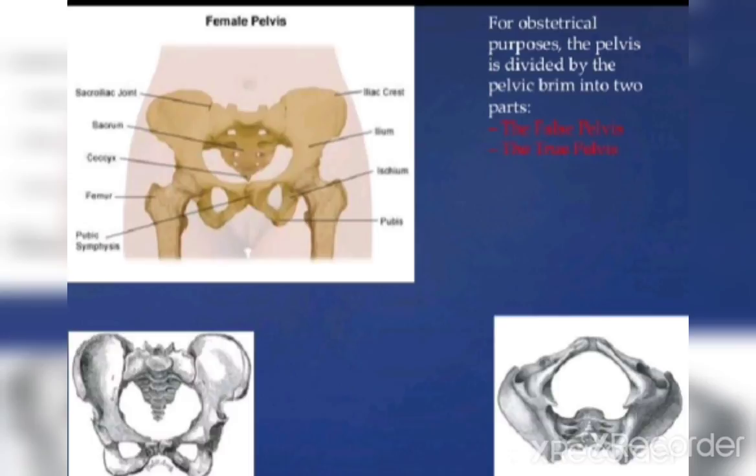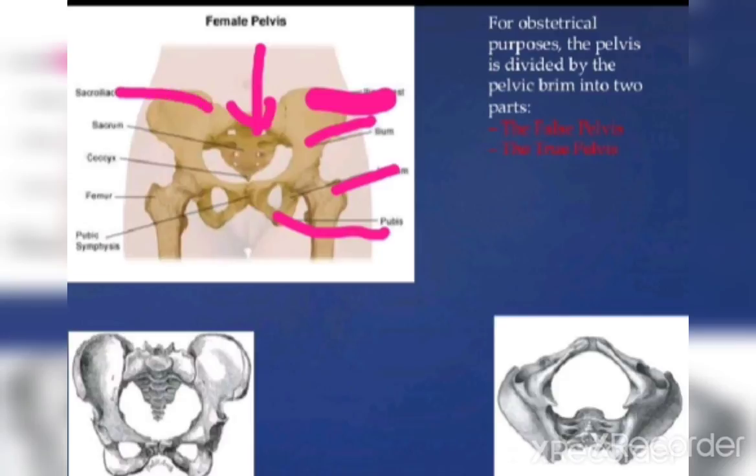As you can see here in the bony structure of the pelvis, this is the iliac crest, then this is the ilium, this is the ischium, then this is the femur, and this is the sacrum. This is the sacral promontory, and this is the sacroiliac joint. The lowest part of the sacrum is the coccyx.